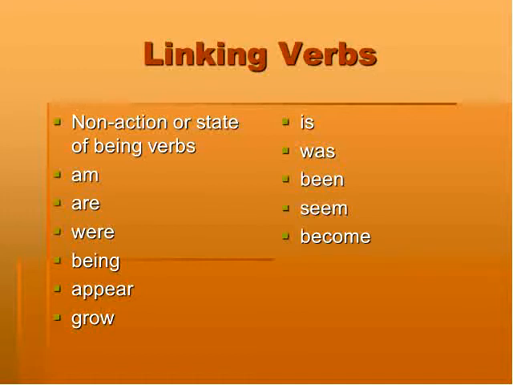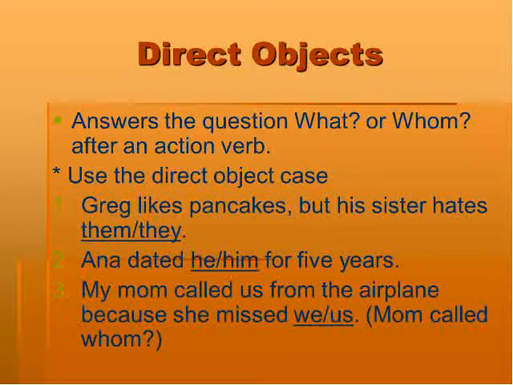Now, I just wanted to go over the linking verbs. You're going to go over this as well in your language handbook. These are some of the linking verbs that you're going to see as you are using the predicate nominative. Okay, then we have direct objects.